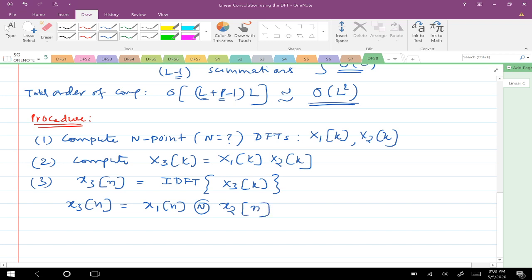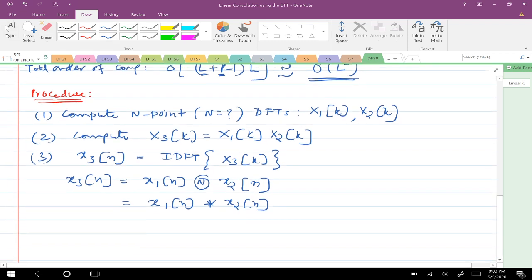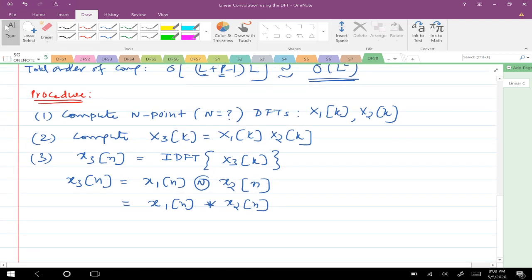And under certain conditions, for a given value of n, which we will come back to, it is possible to be equivalent to x1 of n linearly convolved with x2 of n. Let's now analyze the computational complexity of this procedure.